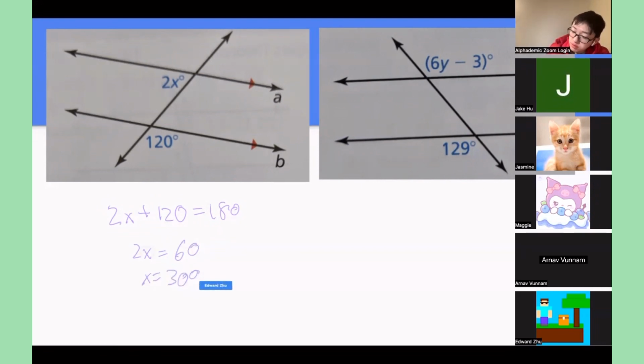And then for this one, we would say 6y minus 3 equals 129. 6y equals 132, and y would equal 22. I'll get into why this is so in another slide or two, but this is just previewing to you guys what we will be doing in a sec with parallel lines.